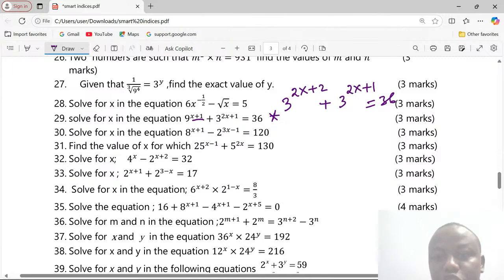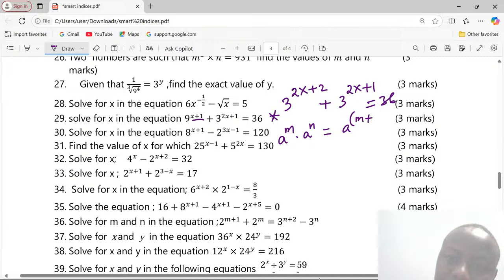36 cannot be put to base 3. But now at this point, we can apply the first law, whereby we said a power m multiplied by a power n is just a power the sum.